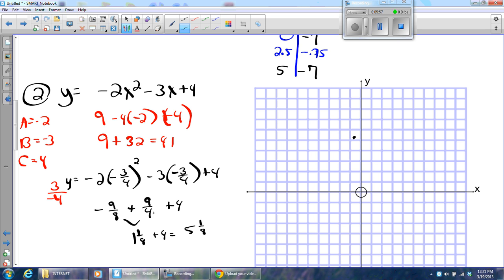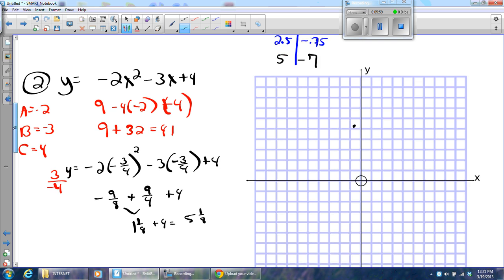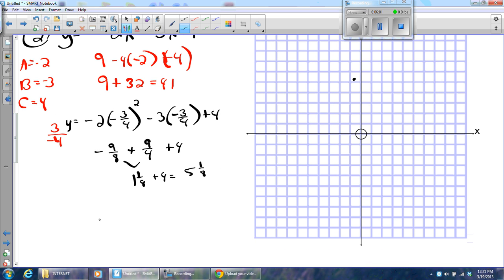Okay, now I can use the rest of the quadratic formula to get the roots. All right, so x equals the negative of b plus or minus the square root of, I believe it's 41. Remember I found the discriminant earlier, I'm not recalculating the whole discriminant. And 2a is going to be negative 4.